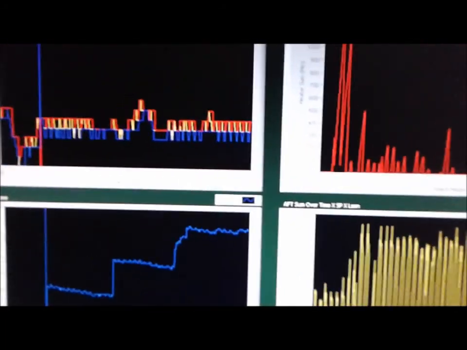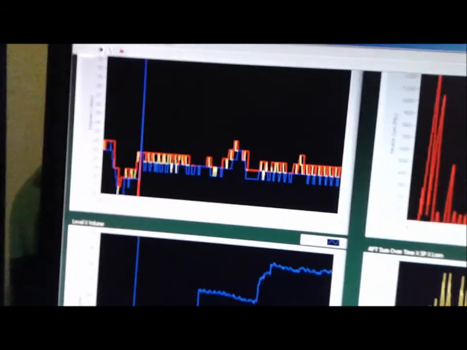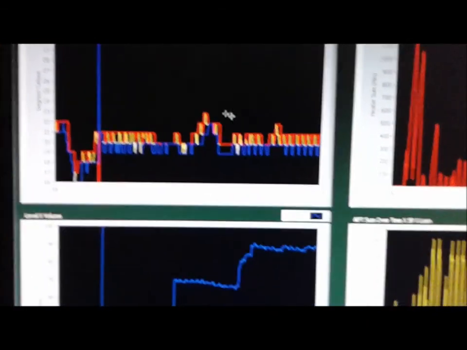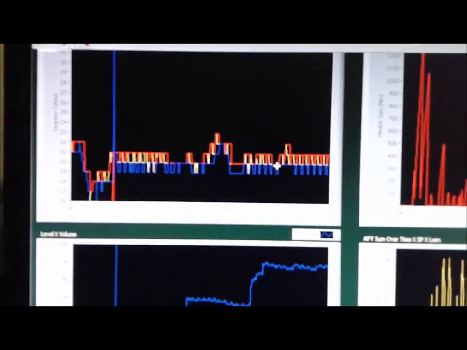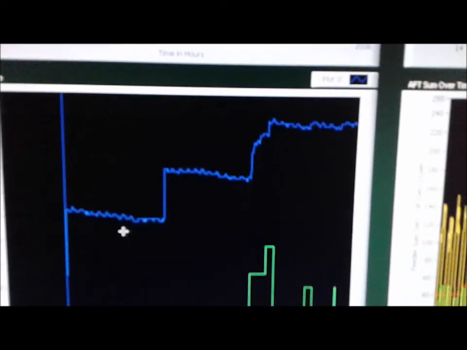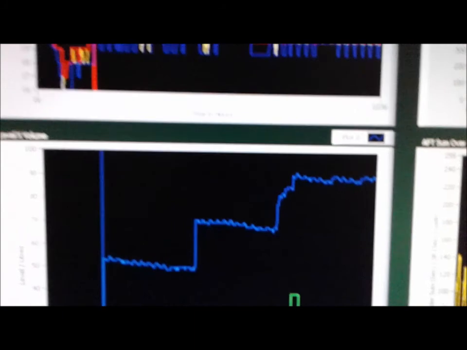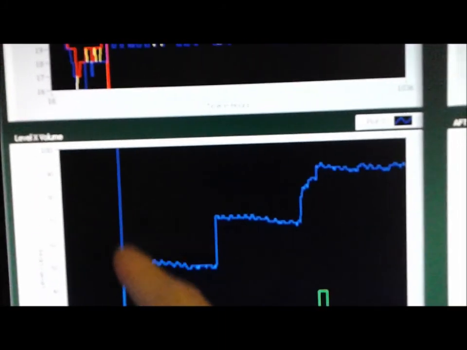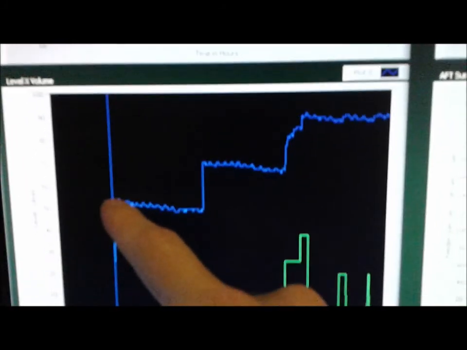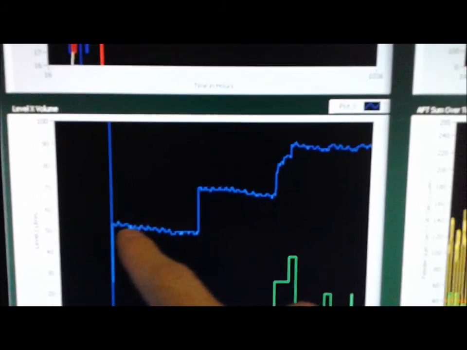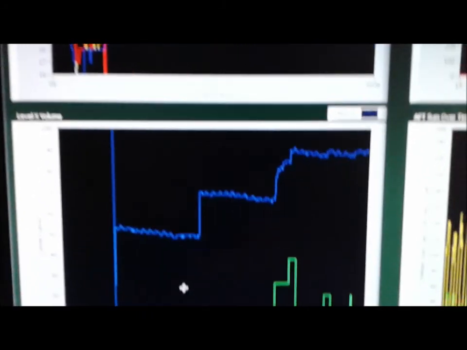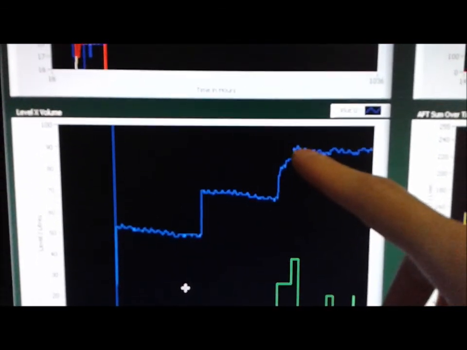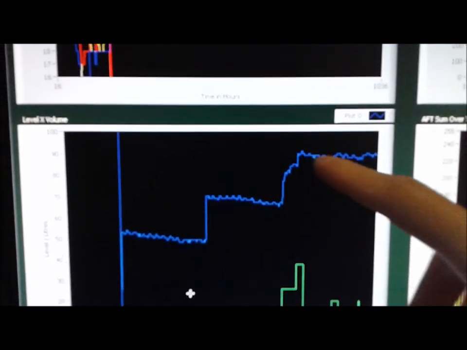So here, my other tank, tank 2, we can see that the temperature is far more stable. Here's the water level. This line was actually the moment that I installed the pressure sensor. So from this moment on, I had the pressure sensor. That's 500 liters right here.